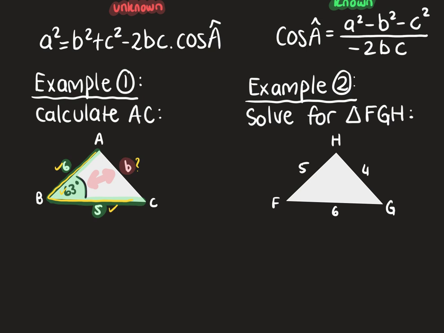So COS rule, let's write it out. a squared equals b squared plus c squared minus 2bc cos of A. Now obviously that is a generic formula, so let's make it according to my triangle. See how I adapt it according to the scenario.